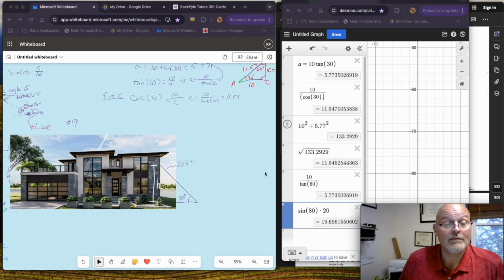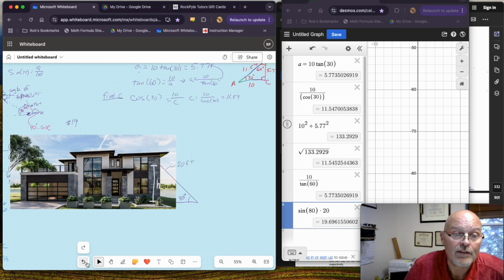Now we've got our triangle set up, and it's time to do some trigonometry. Since I've got the opposite and the hypotenuse, better label those on the triangle, my sine of 80 is going to be the height over the hypotenuse.